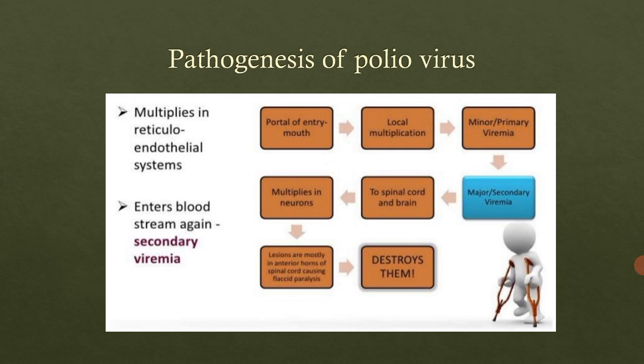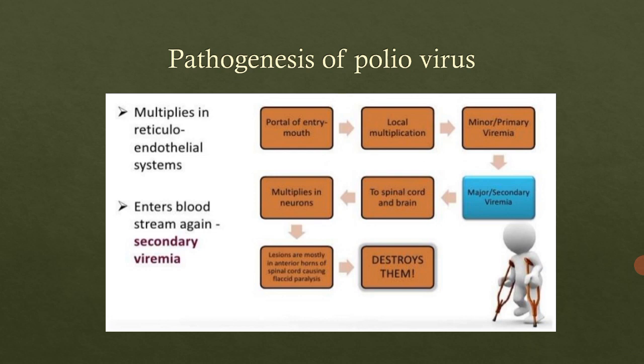First the virus will enter the body by mouth, the oral route. Then there will be local multiplication of the virus. The antigens present on the structure of the virus, the four viral proteins, will help the virus attach to the site of infection and multiply there.